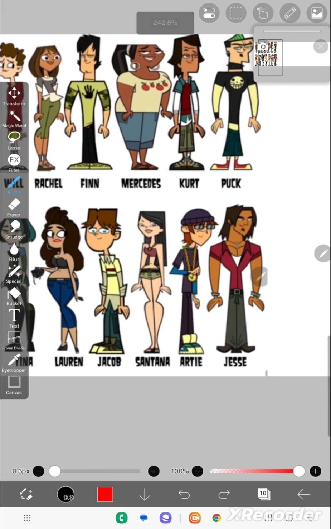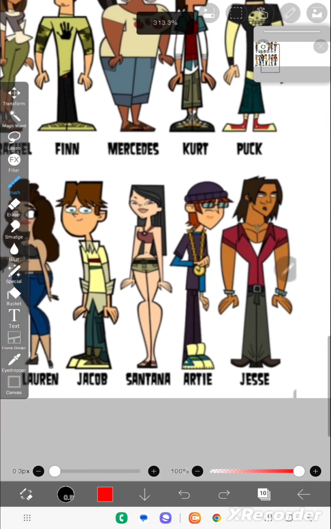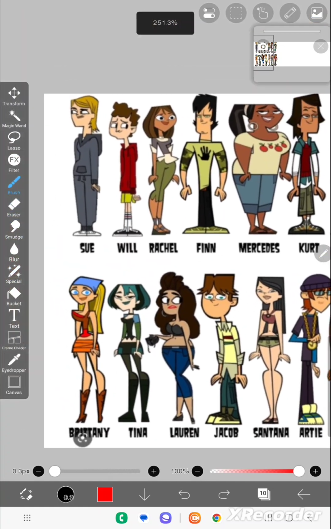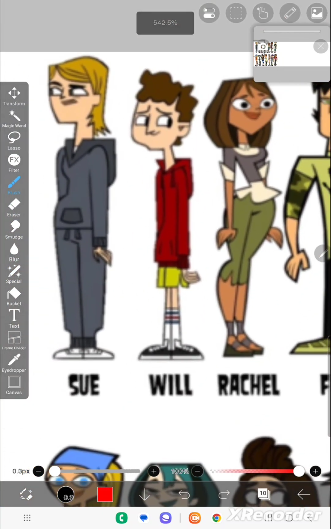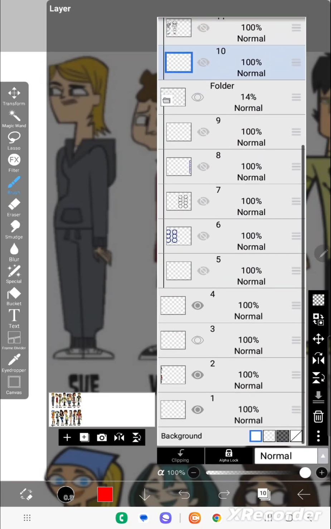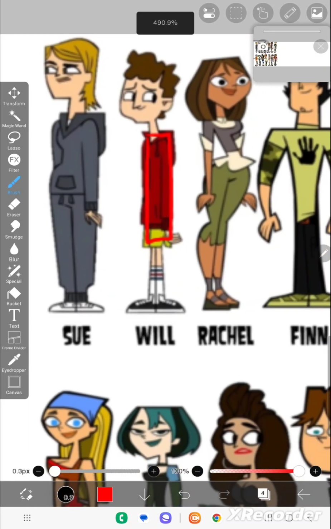And if you notice, you'll see that in Total Drama fashion, the more curves that the character has, the more attractive they are. So if you look at Will, or whatever his actual name is, this man is literally just a box. He's got nothing. He is nothing.